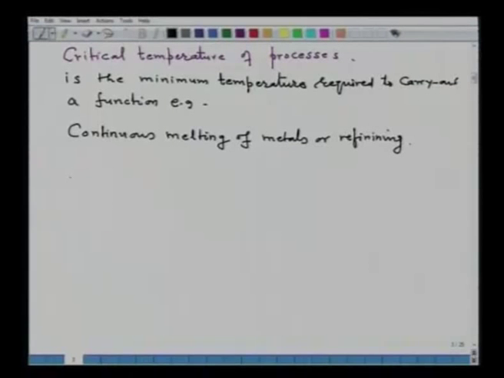Now, for example, if we are in batch reheating furnaces, the temperature should be at least equal to the temperature to which we want to heat, for example, slab, bloom or billet.